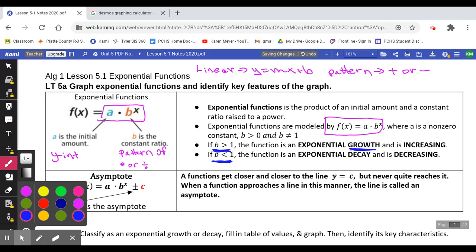And if you're looking at a picture, that means from left to right, the numbers are increasing. If B is less than 1, then it's a decay. And from left to right, the graph is going down, decreasing.